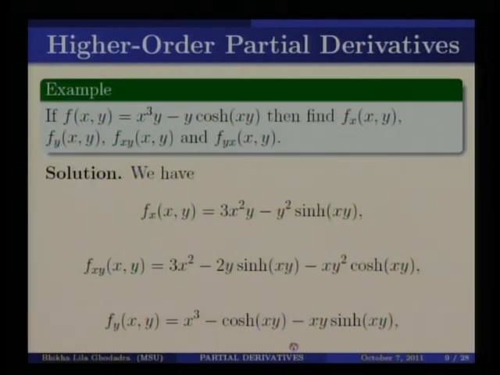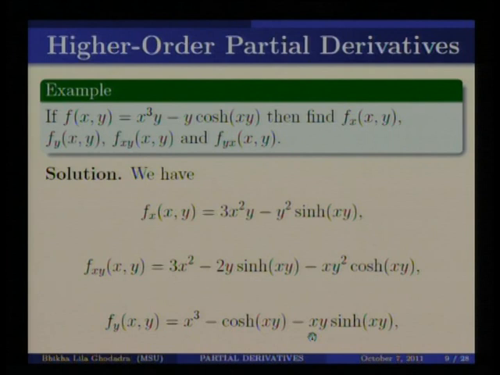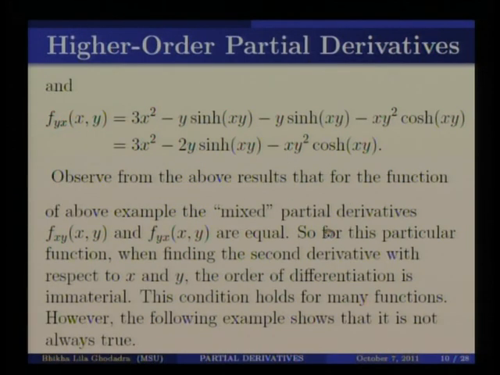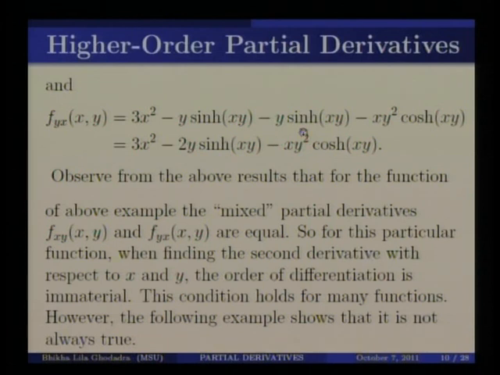For the third term, y is constant, but you have x and sin hyperbolic xy, so we have to use the multiplication rule, and the derivative will be this value. After simplifying, because these two terms are the same, you can write this as 3x squared minus 2y sin hyperbolic xy minus xy squared cos hyperbolic xy.